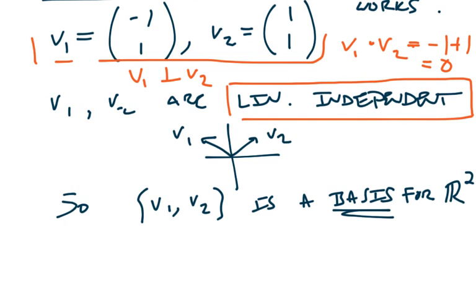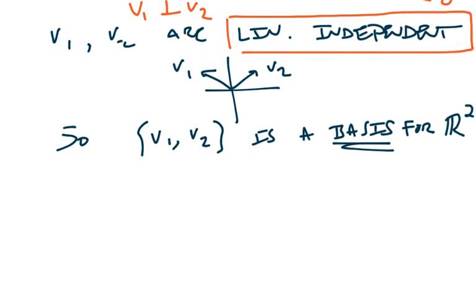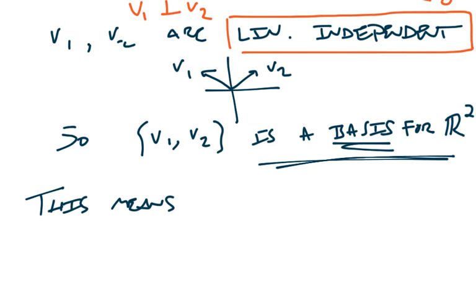Again, I'm giving you the super short version of this, but let's see why this is interesting. The fact that these two eigenvectors form a basis for R2 has serious consequences. What does it mean to be a basis?